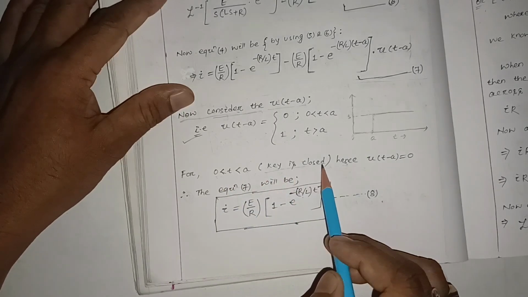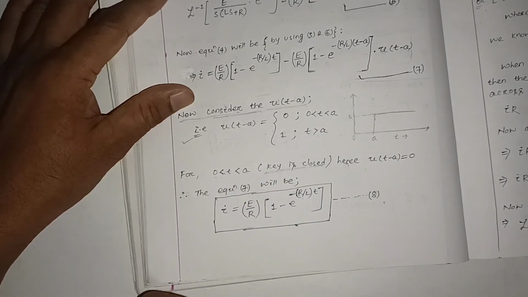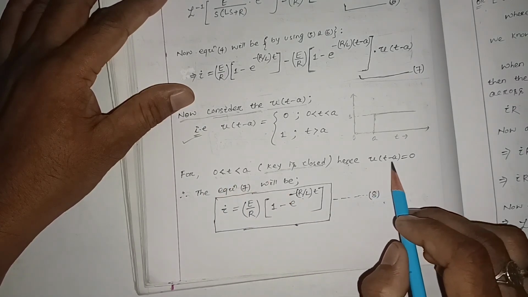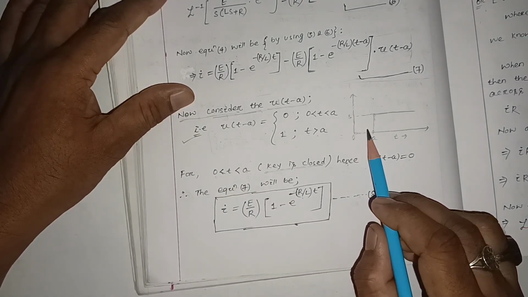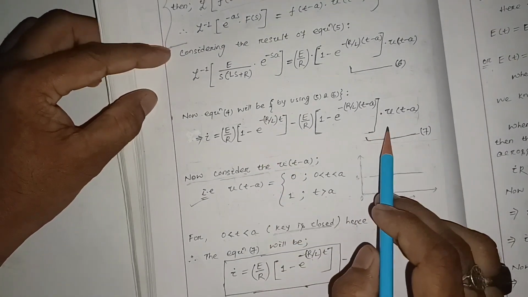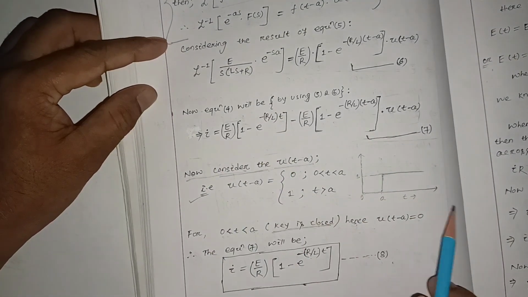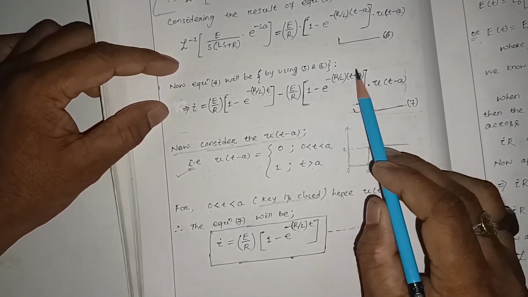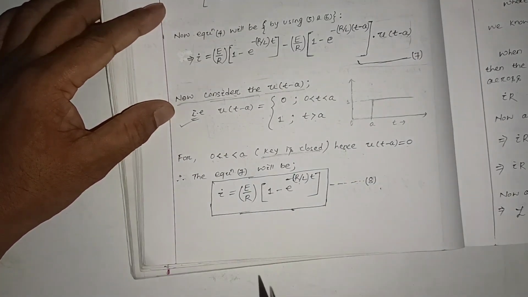That means the key has been closed for a time from 0 to a. The value of u of t minus a is what? 0. So this is the general solution of I. For this condition u of t minus a will be 0, so this factor will be 0, and I will be this one, right?